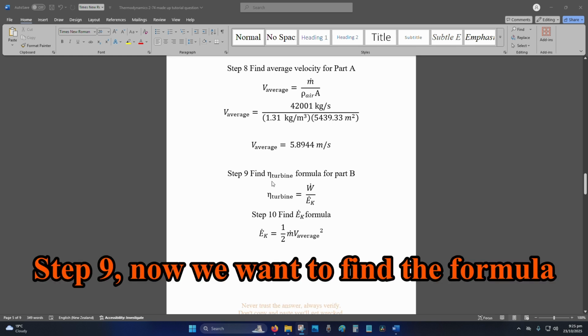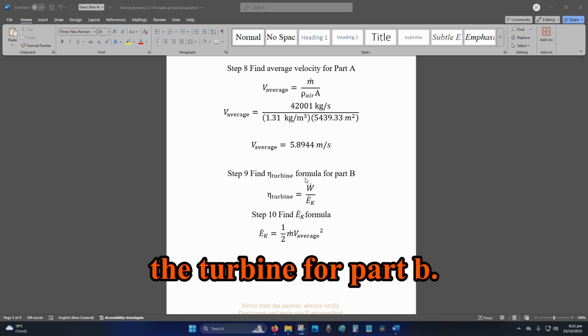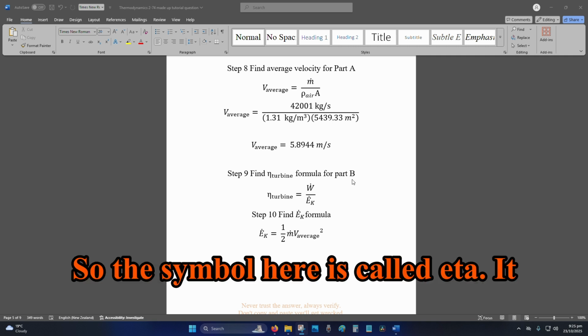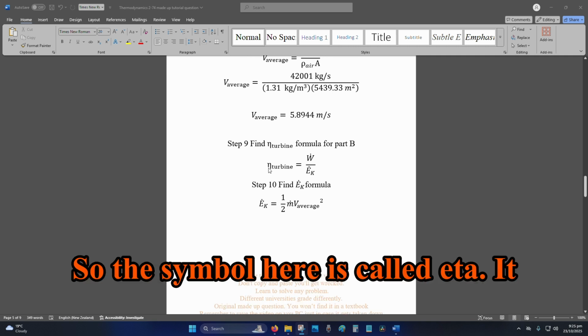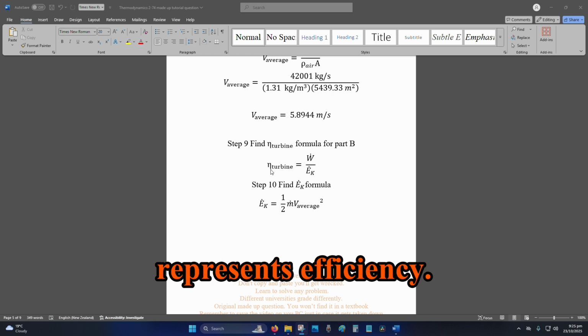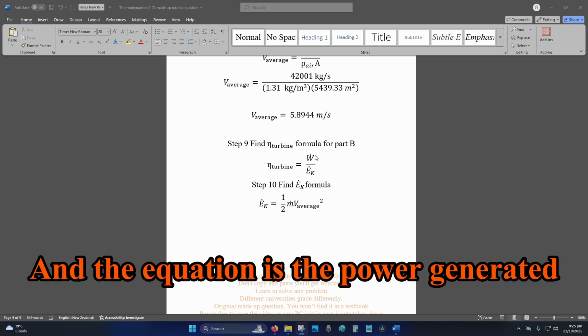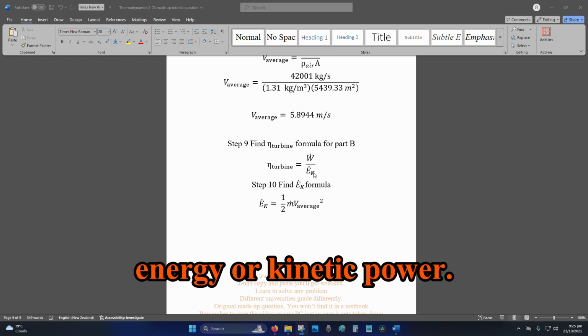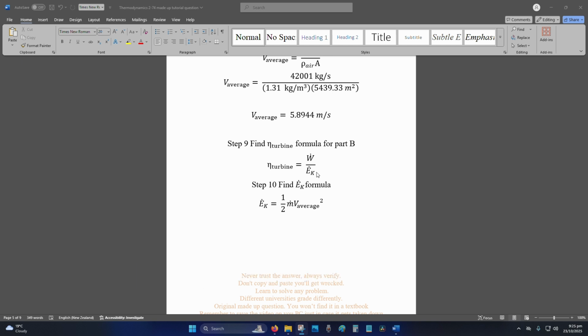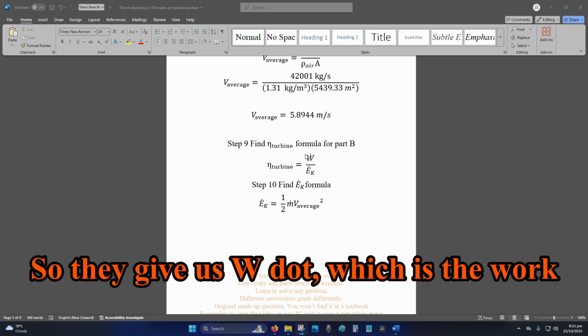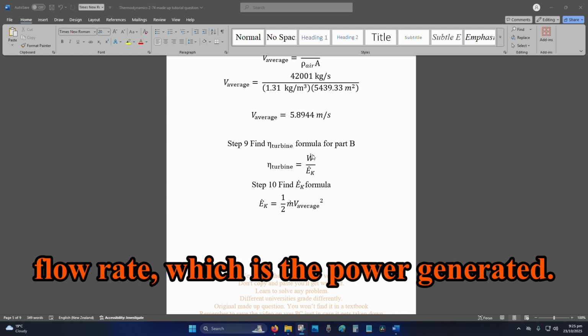Step 9. Now we want to find the formula for the efficiency of the turbine for part B. The symbol here is called eta. It represents efficiency, and the equation is the power generated divided by the kinetic energy or kinetic power. They give us W dot, which is the work flow rate, which is the power generated.